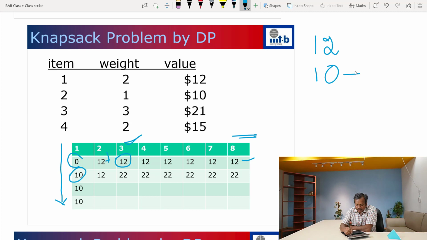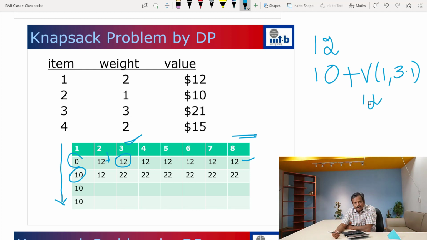After that, we have to see how much profit I can make using the first item, but the size of the knapsack that is left to me is 3 minus 1, because the weight of the second item is 1. So the size is 2, and I have to look at the table V of 1 comma 2, which is 12. So if I pick the second item, I can also pick the first item, and the profit is 10 plus 12, which is 22.